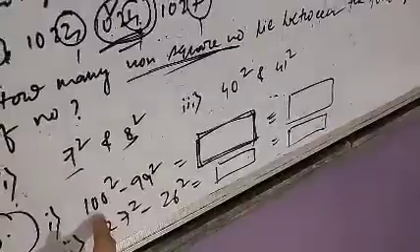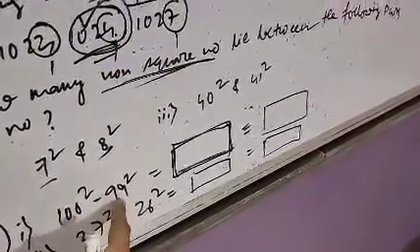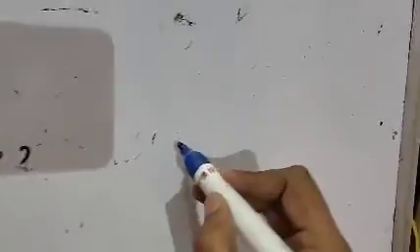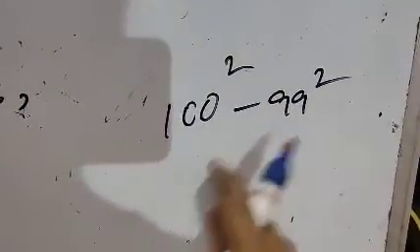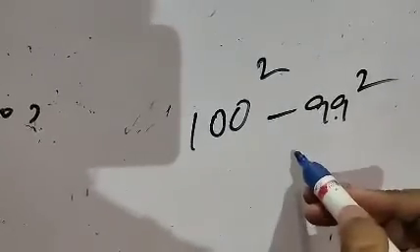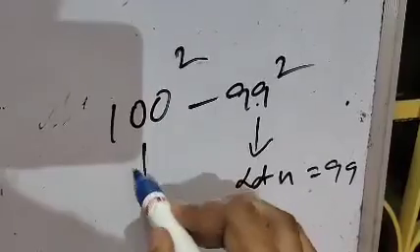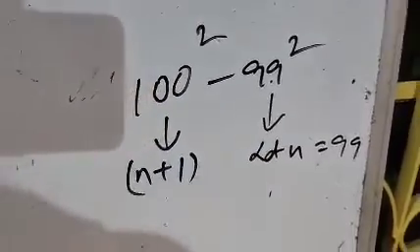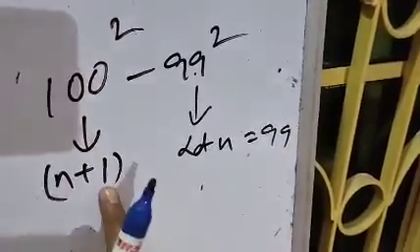Look carefully: 100 square minus 99 square. Clear? These two numbers are consecutive numbers. So if this is n, that is 99, this is n plus 1.